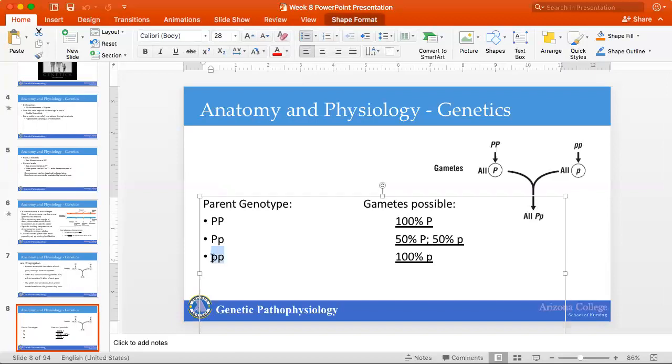If you had a parent or an individual or two parents who both have blue eyes, then they would both have the recessive trait, meaning all of their gametes would also carry that recessive.